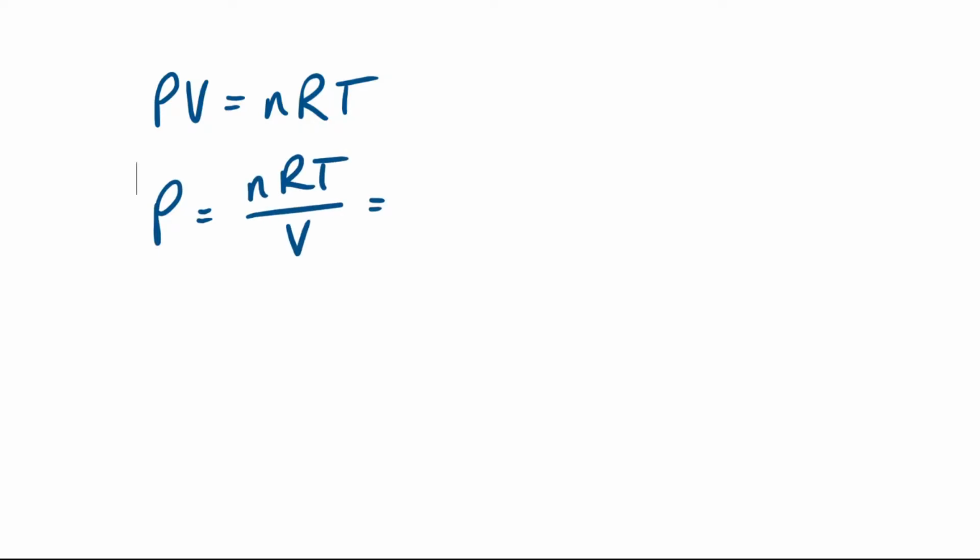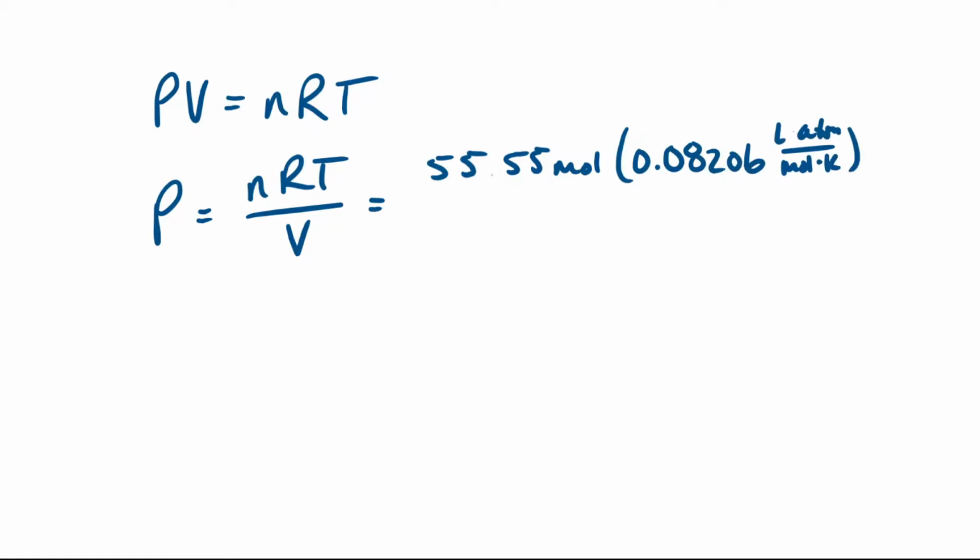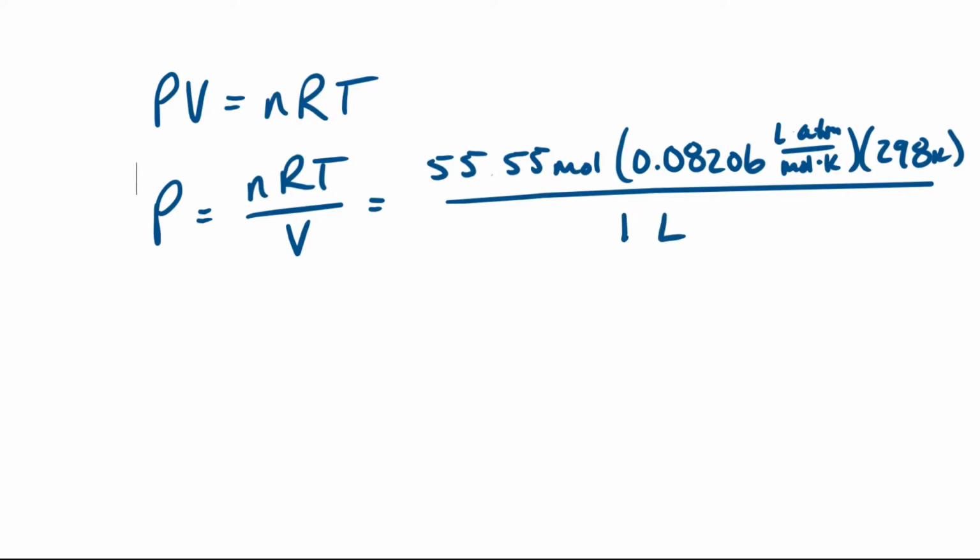What's the pressure of 55.55 moles of water in 1 liter of space at 298 Kelvin? So according to the ideal gas law, P equals nRT over volume, equals 55.5 moles times 0.08206 liter atmospheres per mole Kelvin times 298 Kelvin, all divided by 1 liter, gives us 1,358.4 atmospheres.